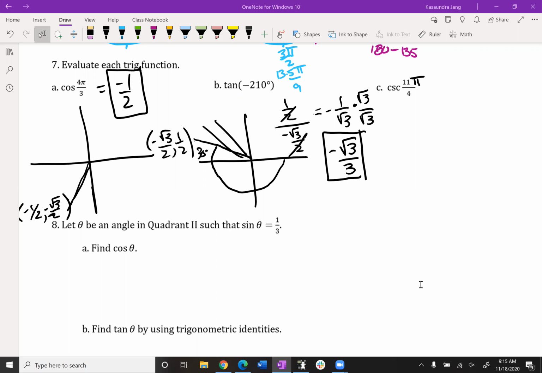So Ashley, which quadrant was your 11 pi fourths in? Quadrant 2? Nice, that's what I got. How'd you get that?